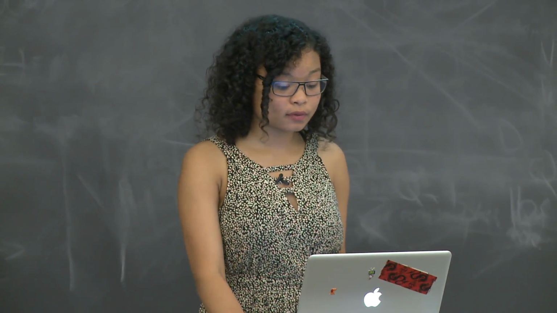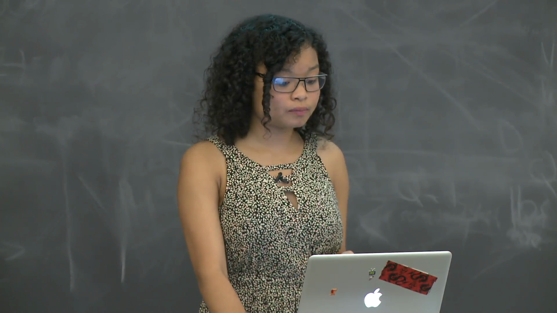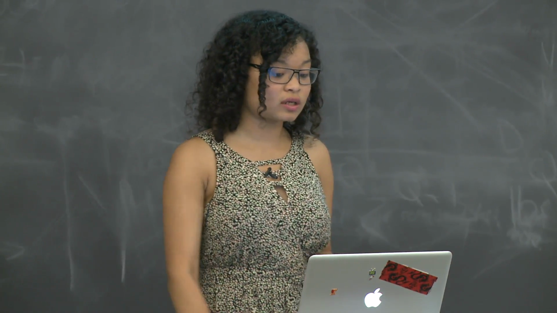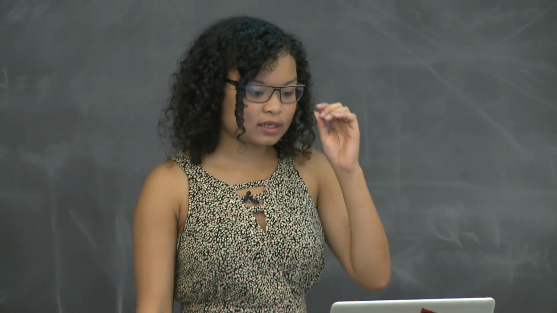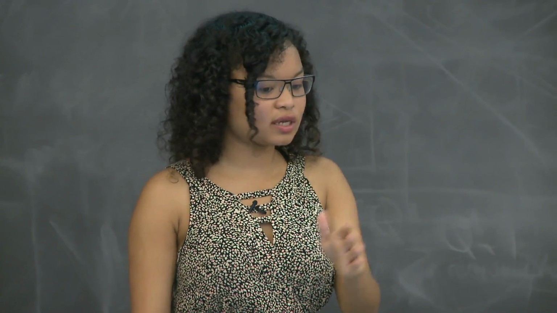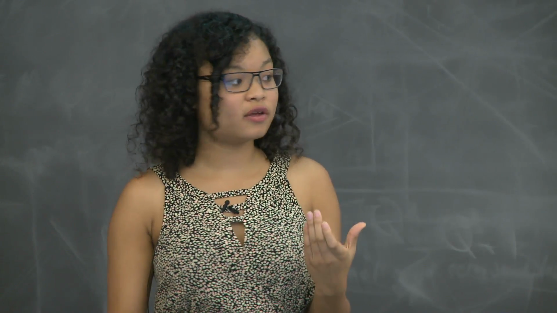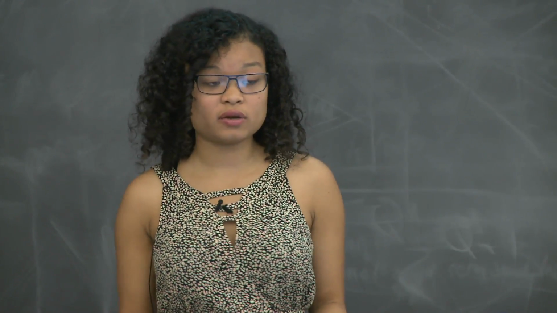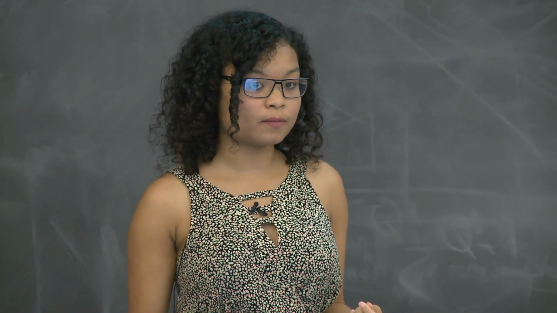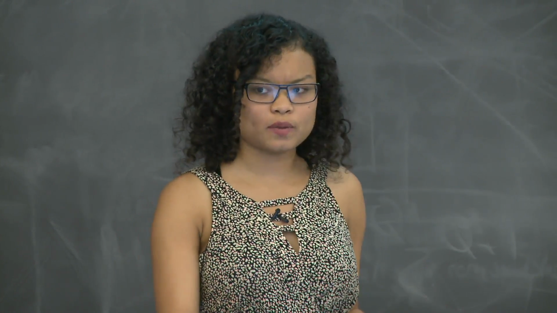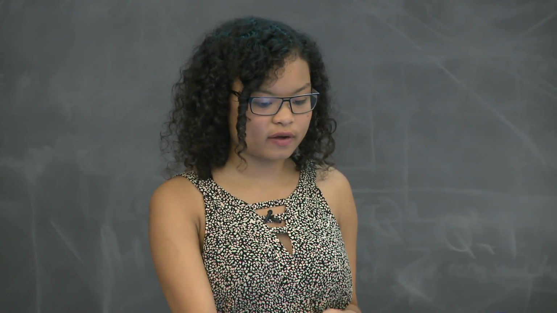We good so far? Okay, so the formula for Vigenère is a bit different. Basically, you see that it's just like Caesar, except instead of just k, we have k index j. Notice that it's j, we're not using i, because the length of the keyword isn't necessarily the length of our plaintext. This will be a bit clearer when we see an example that I have a bit later on.